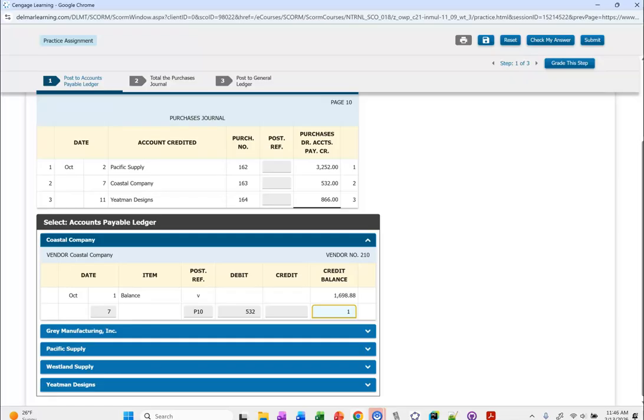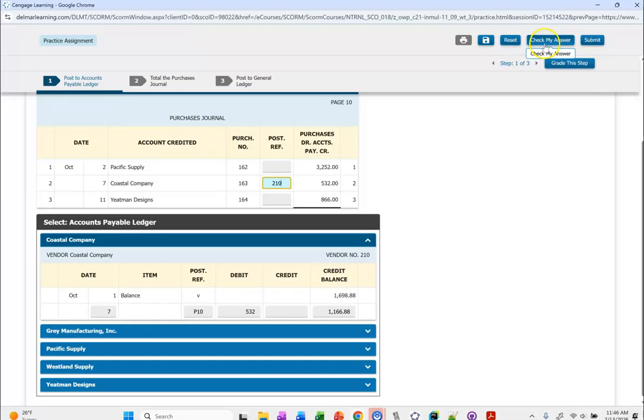So that becomes 116.88, I think I did the arithmetic correctly. And that was the vendor 210. So I'll complete my cycle and post reference back into my journal. What was that number? 116.88. It's just the difference between the balance.